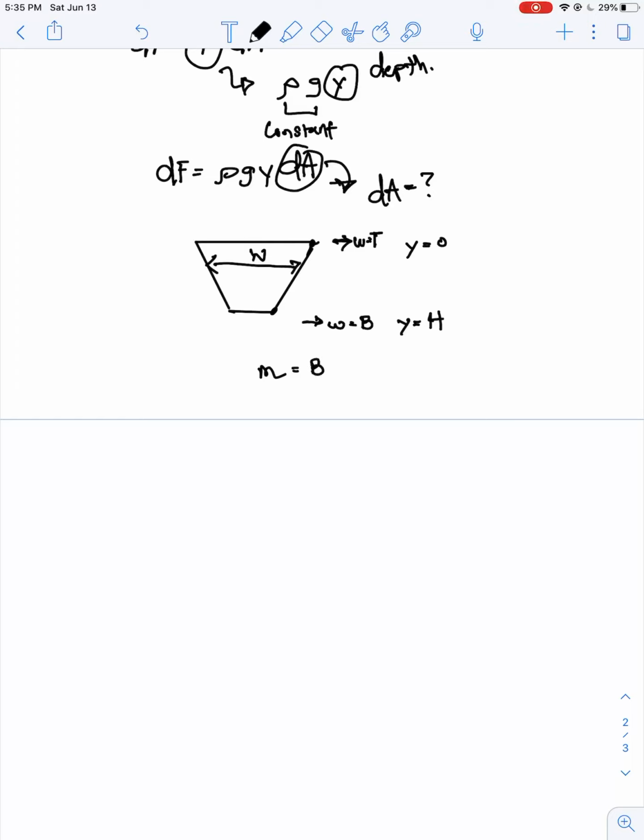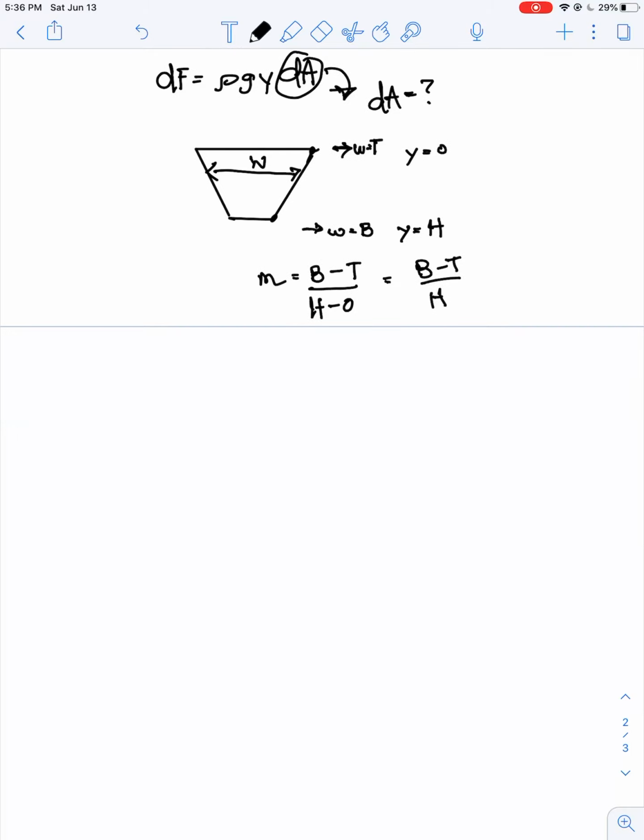So we could say b minus t, the width here minus the width here, over h minus 0. And so we get the slope being b minus t over h. That is the slope of the equation of the line, which represents how the width changes as you go from the top to the bottom of this trapezoid.